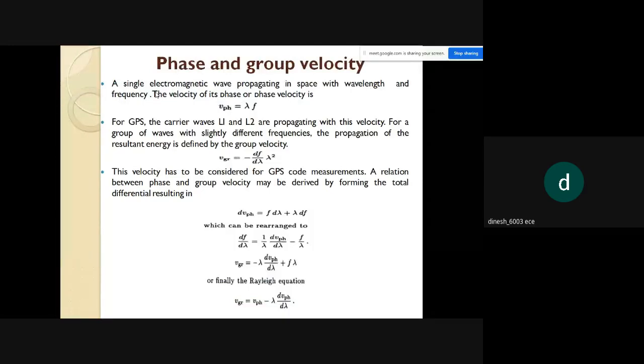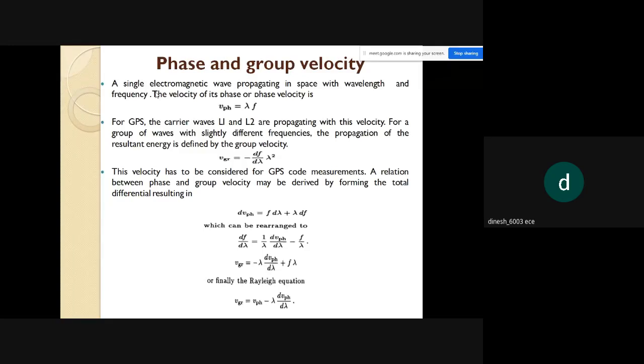Our GPS signals all lie in the electromagnetic band, that is, they use electromagnetic waves. These electromagnetic waves satisfy Maxwell's equations, which play a major role in electromagnetic fields. So we need to determine every signal's phase and group velocity.